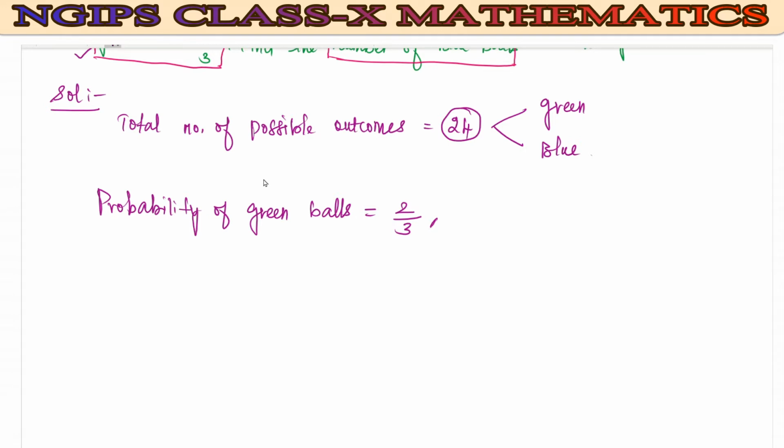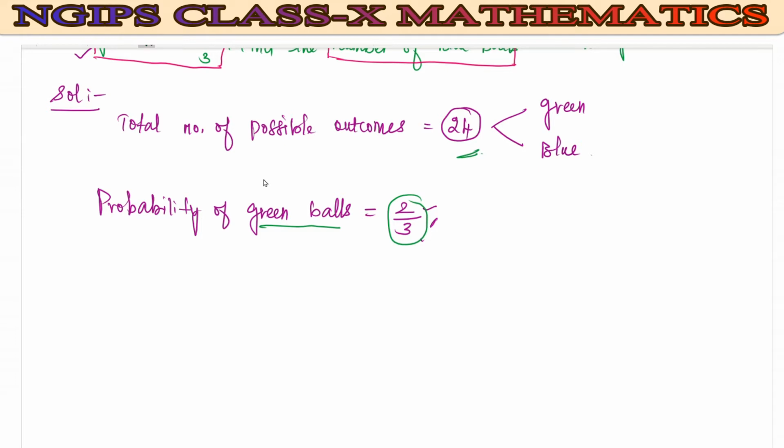It is in the standard form, but we cannot say green balls are 2 and total number of balls is 3, because we know the total number of balls is 24, not 3. But after substituting and simplification, the standard form of the probability of green balls is 2 by 3. Is it clear?